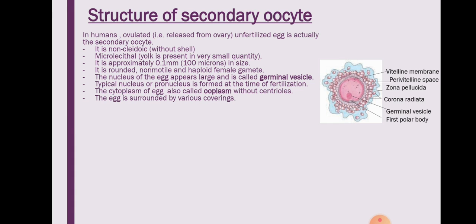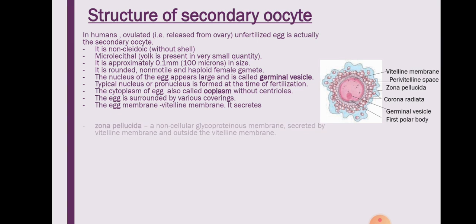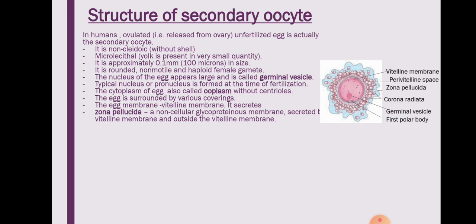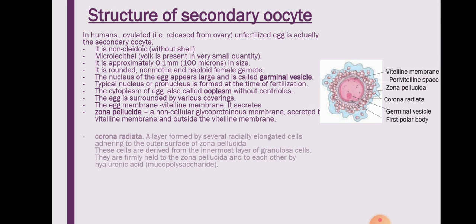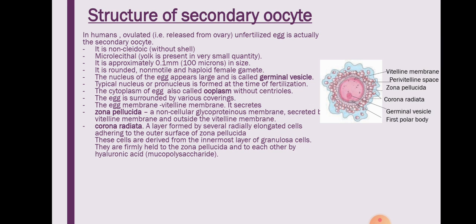The egg is surrounded by various coverings. Now this is interesting. The egg membrane is the vitelline membrane. It secretes the zona pellucida, a non-cellular glycoproteinous membrane secreted outside the vitelline membrane. The inner is vitelline and outside to it is the zona pellucida. The corona radiata is a layer formed by several radially elongated cells adhering to the outer surface of the zona pellucida.